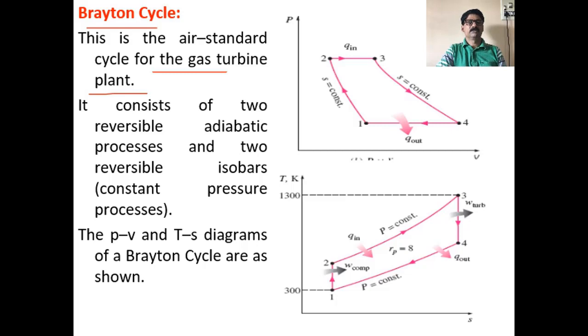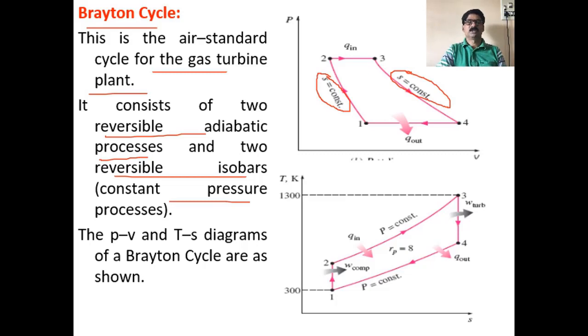It consists of two reversible adiabatic processes, also called isentropic processes, and two reversible isobars or constant pressure processes. As you can see from the PV diagram here, 1 to 2 is written S equal to constant, so that is a reversible adiabatic process. Similarly 3 to 4, that is compression and expansion. 1 to 2 is the compression and 3 to 4 is the expansion.